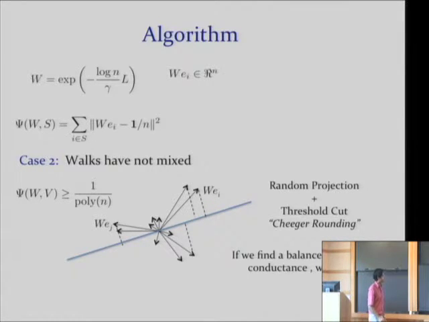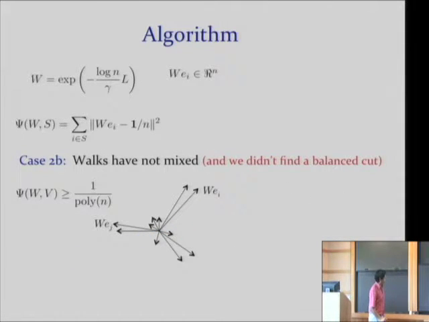If we don't find something, now we need to figure out how to modify the graph, right? Because there are small cuts in the graph that are impeding us from finding the interesting cuts. Good. So we didn't find a balanced cut. So in this case, we show that there actually exists a ball cut. What do I mean by a ball cut?